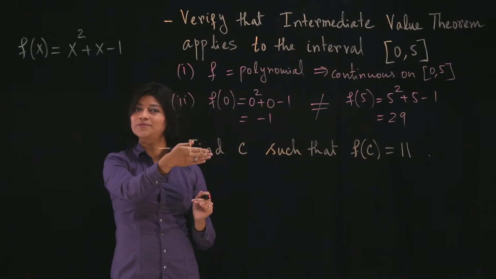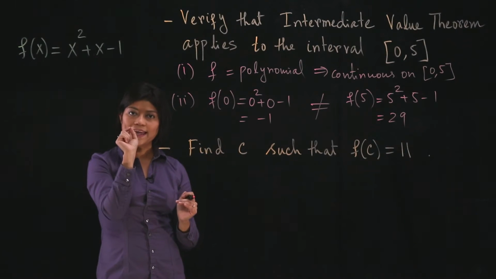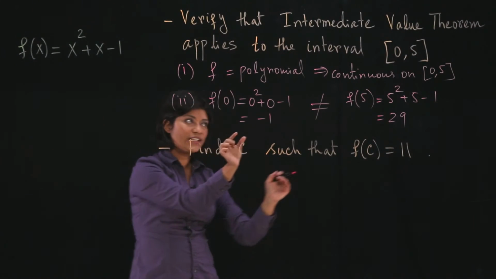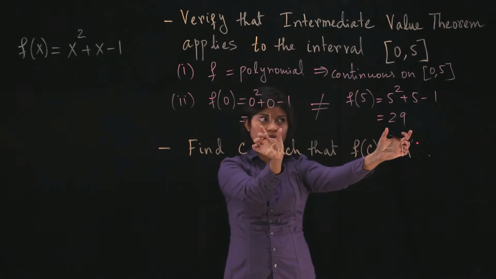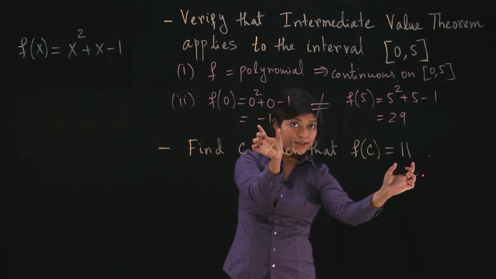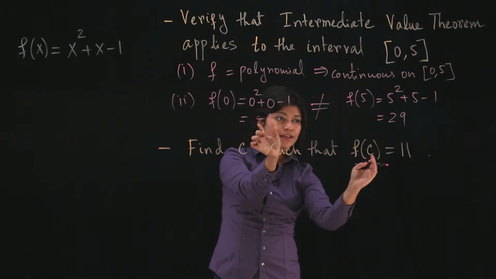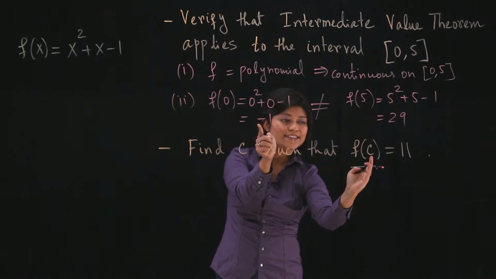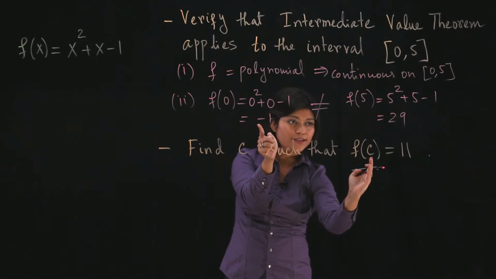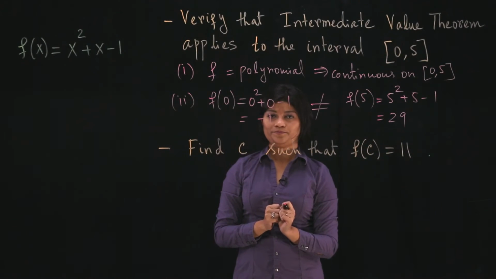What is the conclusion? It says if you pick any value between these two, negative 1 and 29, for example, 11 is such a value. If you pick that between these two, then there will always exist at least one x value c, so that when you plug it in the function, you get 11.